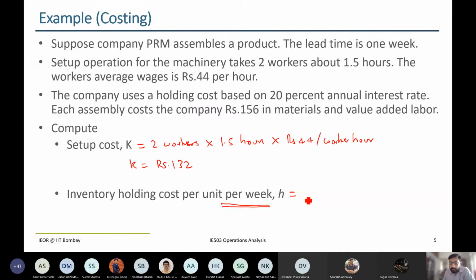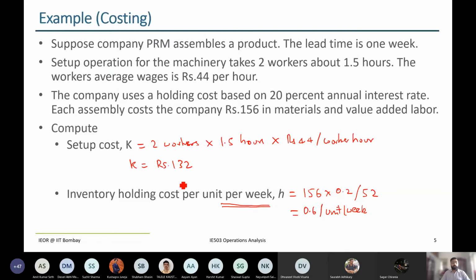So holding cost is 156 into 0.2 divided by 52, accounting for 52 weeks in a year, which gives us 0.6 rupees per unit per week. This is the setup cost and the inventory holding cost.